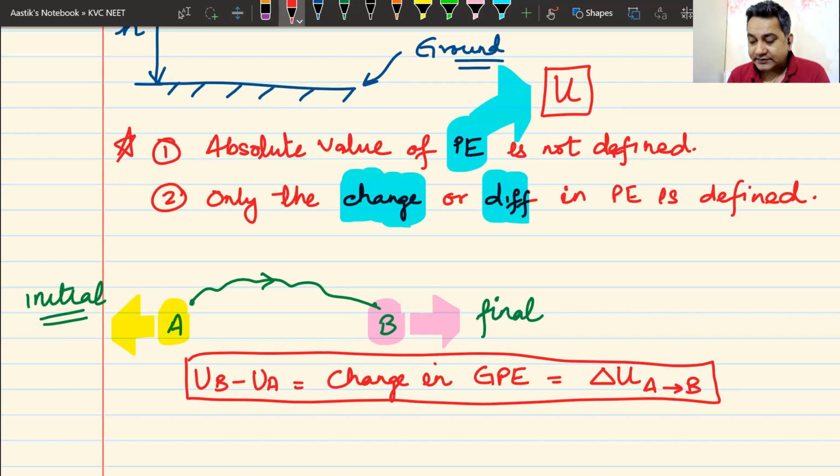GPE is gravitational potential energy, PE standing for potential energy. G has to stand for gravitational. Am I clear? So, what will be the change? When I say change in gravitational potential energy, what would be your answer?